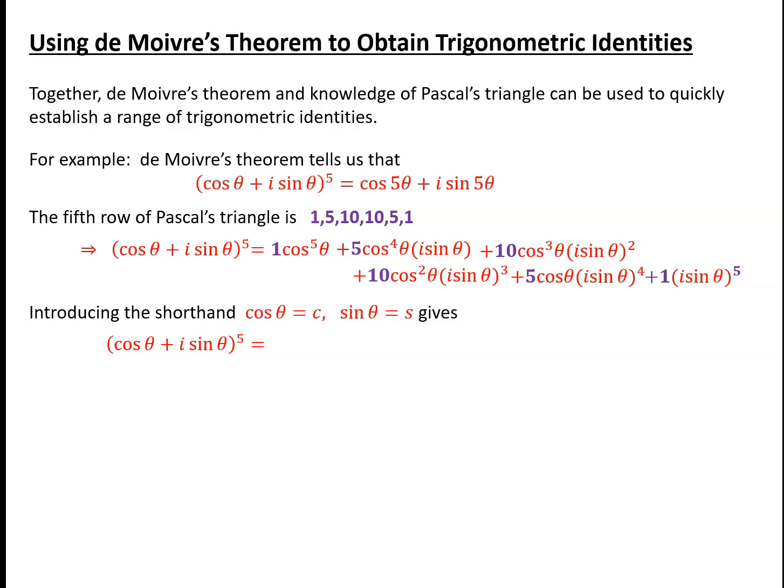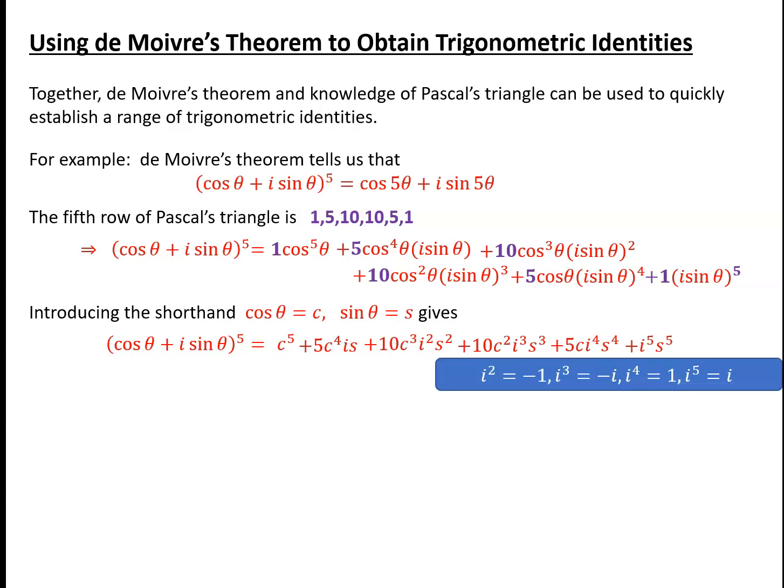So the line above becomes (c + is) to the 5 equals c to the 5, plus 5 lots of c to the 4 times is, plus now the next term is going to be 10 c cubed, times i squared s squared, plus 10 c squared times i cubed s cubed, plus 5c times i to the 4 s to the 4, and finally i to the 5 s to the 5.